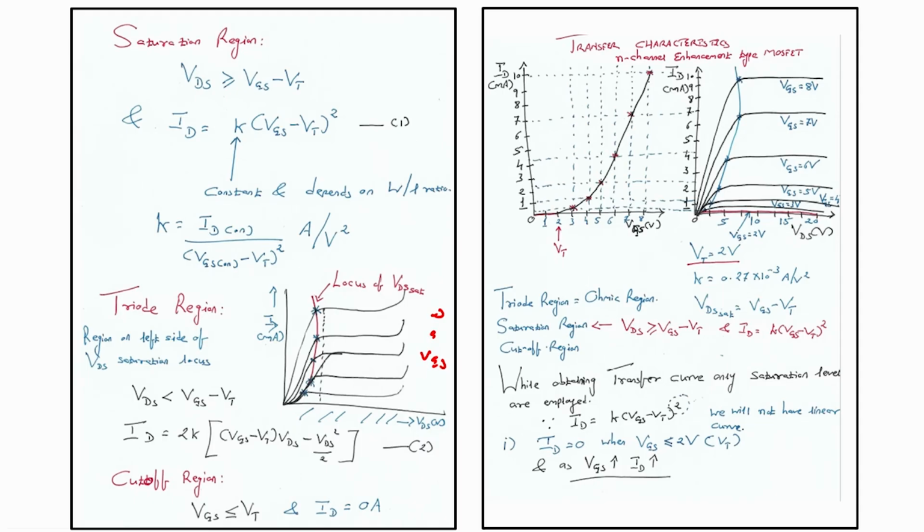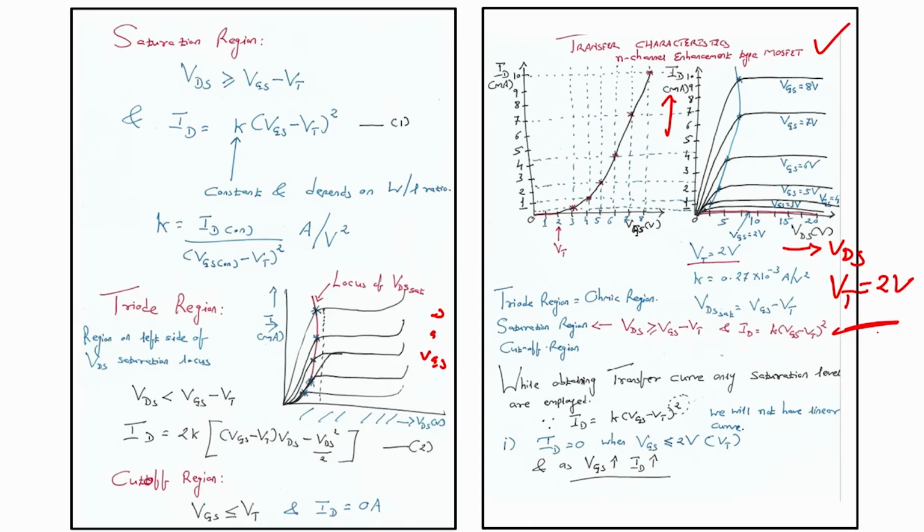Now, let us see the transfer characteristics of the n channel MOSFET. What we see here, on the right side, I have VDS and I have current ID. This graph you already know, for different values of VGS. So, assume that my threshold voltage VT equals 2 volts.